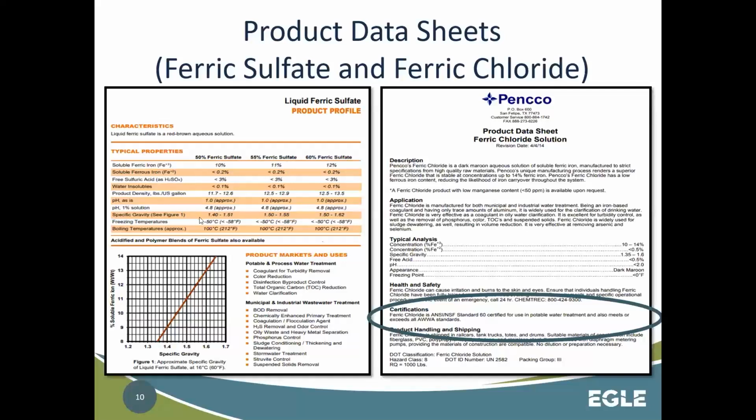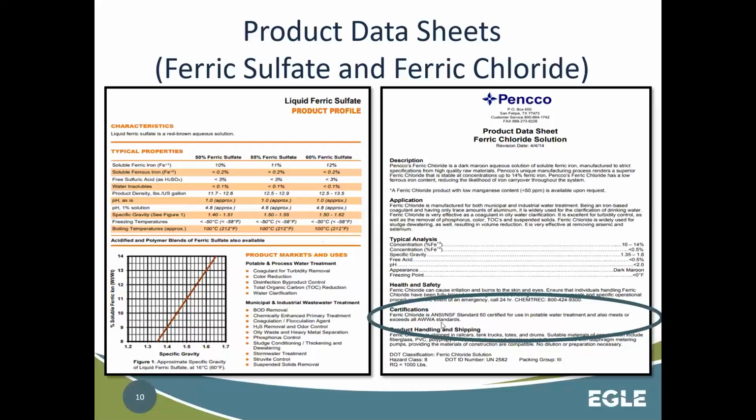Also, something important on this sheet that wasn't really highlighted on the other is in this certification section. And if you see here, it says ferric chloride is ANSI/NSF standard 60 certified for use in public water treatment and also meets or exceeds all AWWA standards.